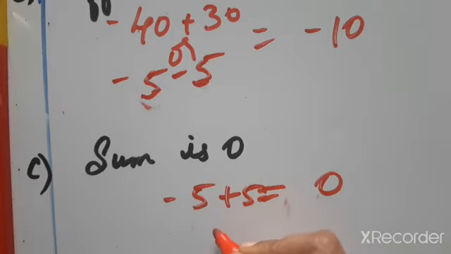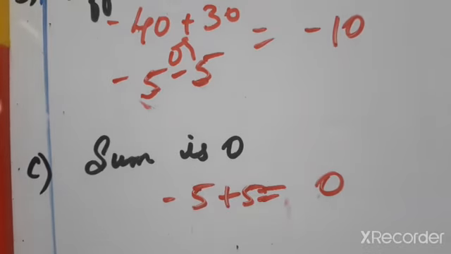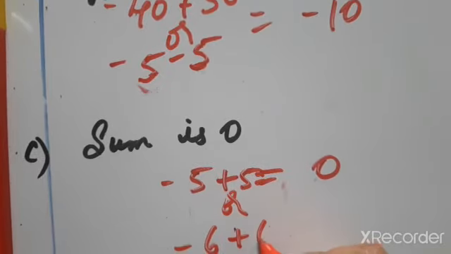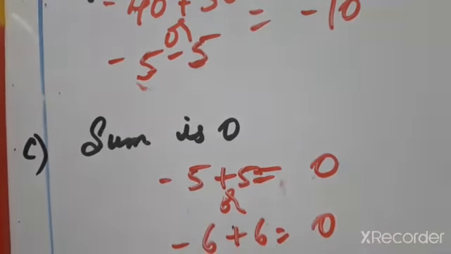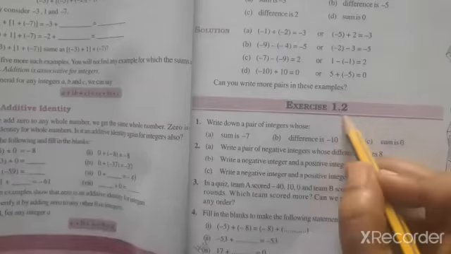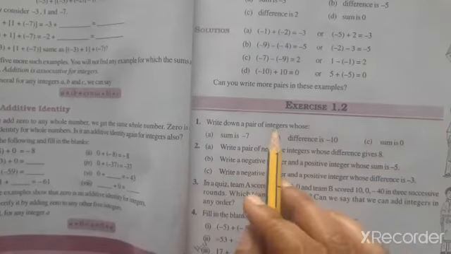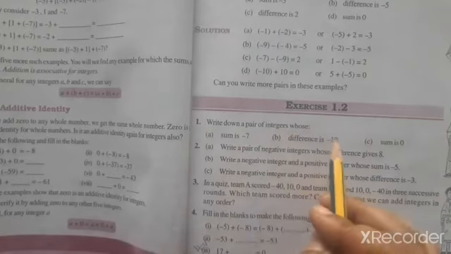One pair could be minus 5 plus 5, or minus 30 plus 30, or minus 6 plus 6, then only it becomes 0. Now exercise 1.2: write down a pair of integers whose sum is minus 7, difference is minus 10, sum is 0. This is over.